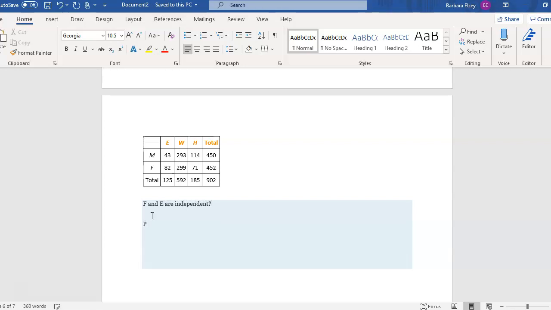Now, two events are independent if we can multiply their separate probabilities together, and that's equal to the probability of their intersection. All right, so there is what we need to prove. Is this true? If it's true, they are independent. If it's not true, they are dependent.